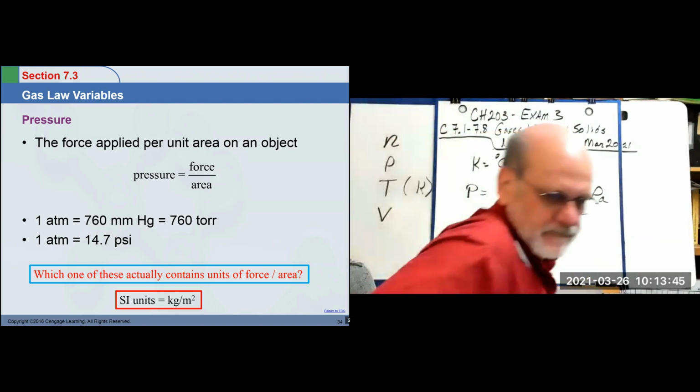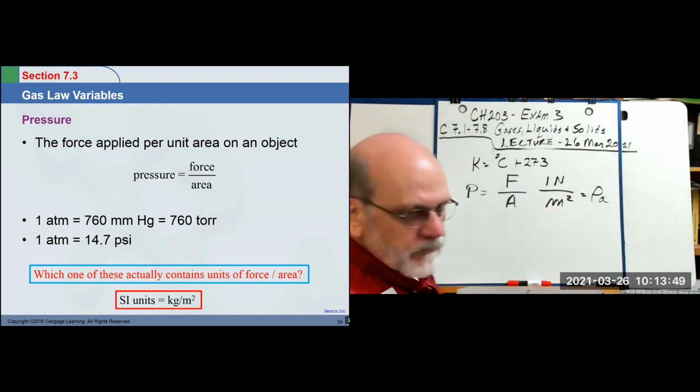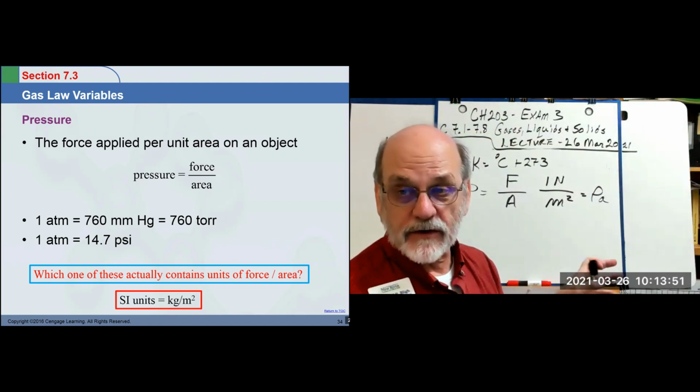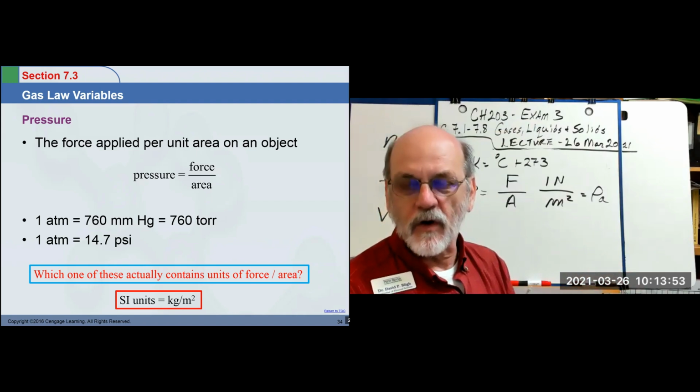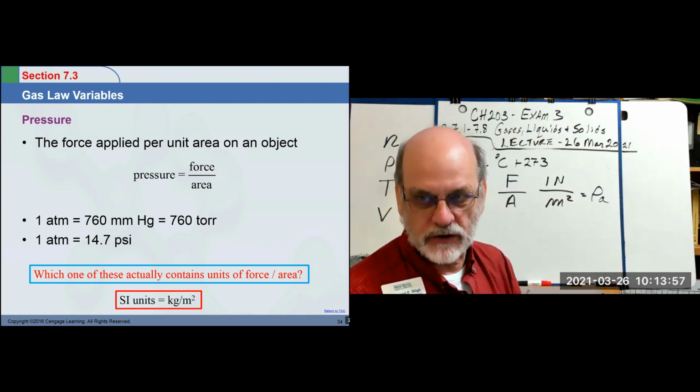So if this is the standard, how do we relate kilograms to newtons? Well, we go back to Newton's second law of motion.